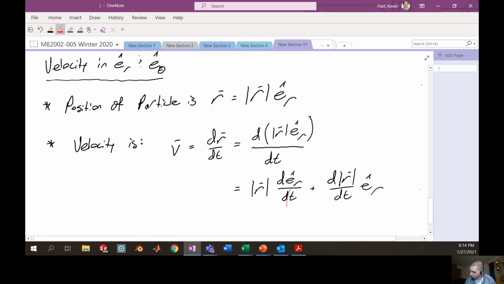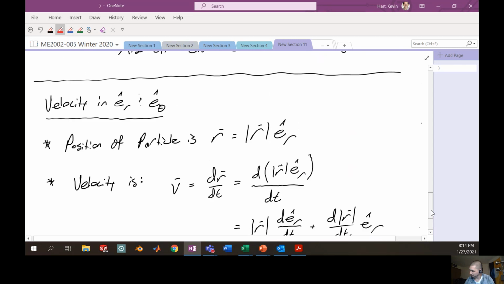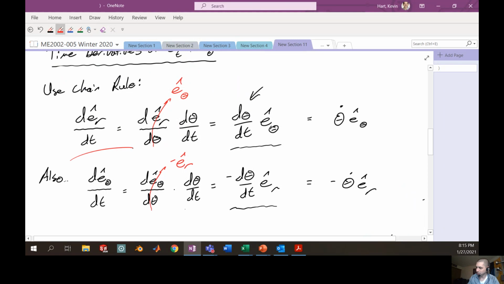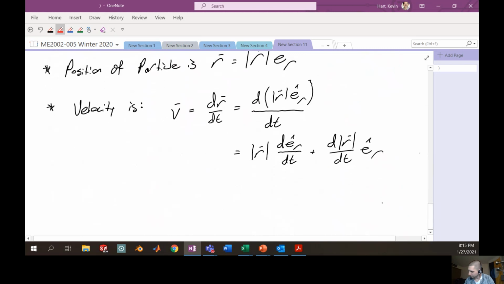The time derivative of the radial unit vector we already know from above: it is theta dot e hat theta. We can make that substitution. So this is the magnitude of r times theta dot e hat theta.